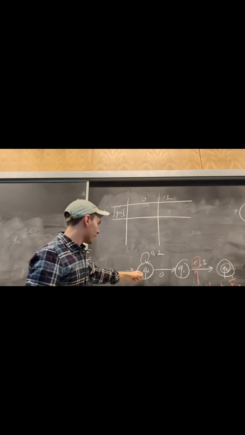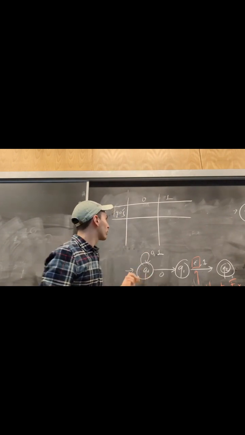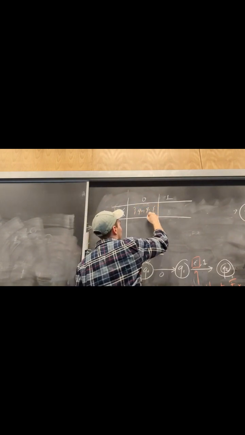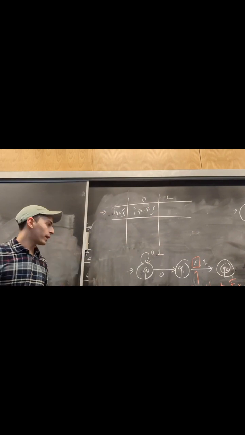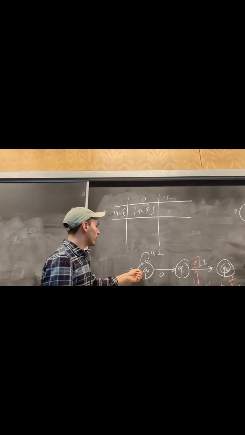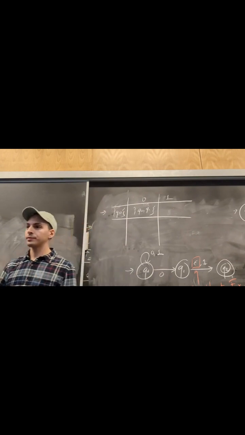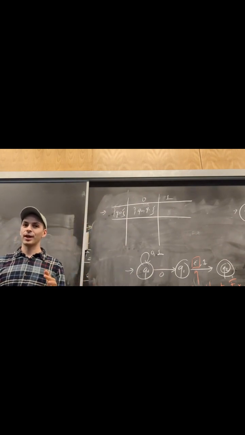It looks like from Q0, I can go to myself, and I can go to Q1. Right? So I'm simulating my NFA. From Q0, when I read a 0, I can go to Q0 and to Q1. No one's stopping me. There's a mistake here. I put it there on purpose.